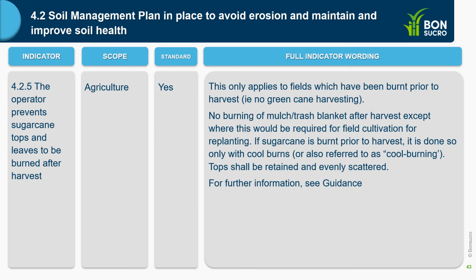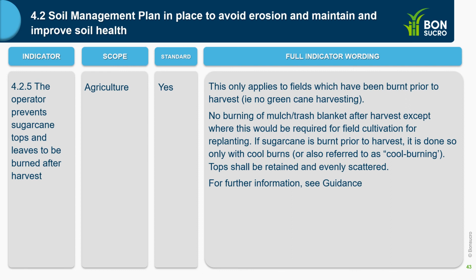Final indicator on this criterion, 4.2.5: the operator prevents sugarcane tops and leaves from being burned after harvest. The standard applies only to fields which have been burned prior to harvest, so not to green cane harvesting. The idea is no burning of mulch, trash, or blanket after harvest, except where this is required for field cultivation or replanting.